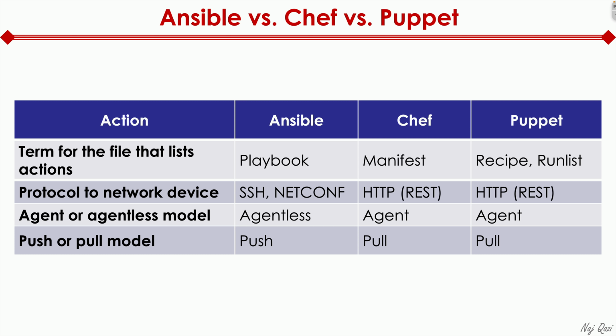Typically for agentless, Ansible is the most popular solution out there. And finally, Ansible is a push model, meaning information gets pushed from the server down to the client. Whereas with both Chef and Puppet, it's a pull model where the client or an agent running on the endpoint is responsible for pulling the config to ensure it's in compliance.